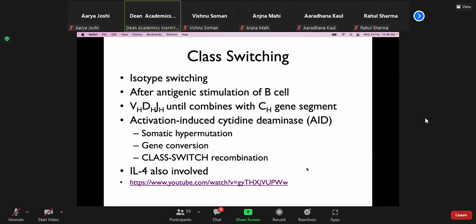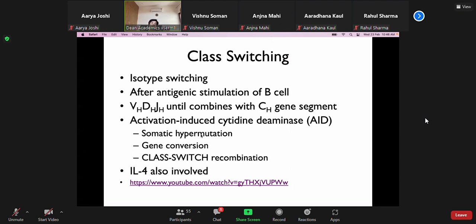But this gives you an idea of how class switching takes place, where you have the role of cytokines, and you also have the role of cell-to-cell interaction, right? B cells interact with a particular kind of T cells, particularly the T helper cells. Okay, and these interactions are responsible for making one isotype or the other isotype.